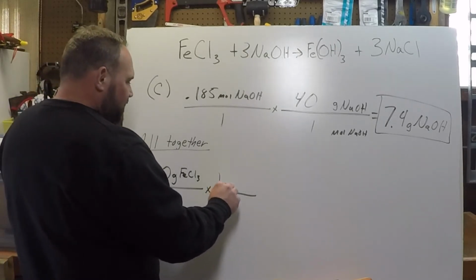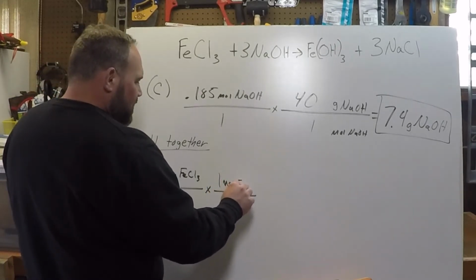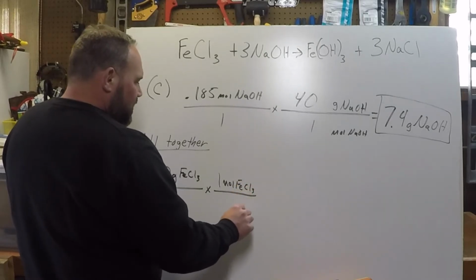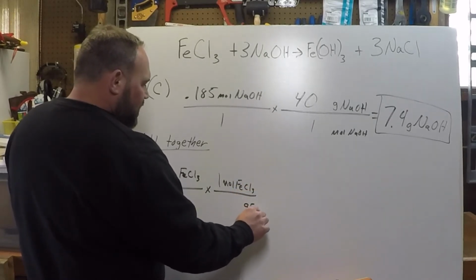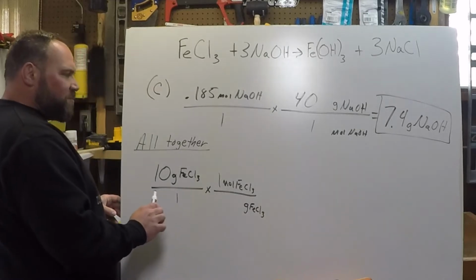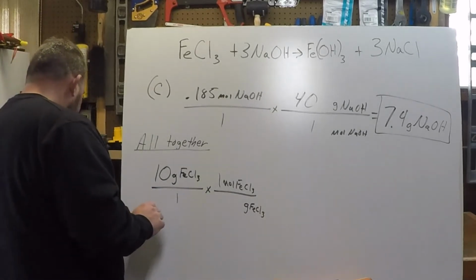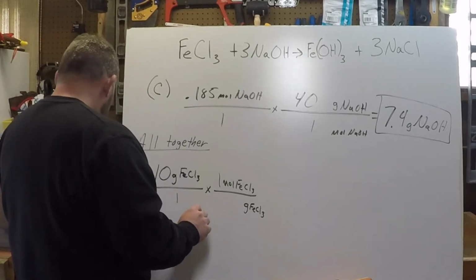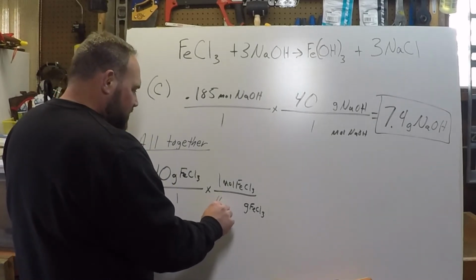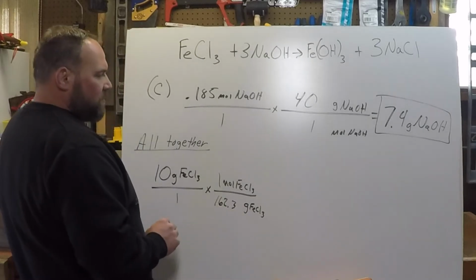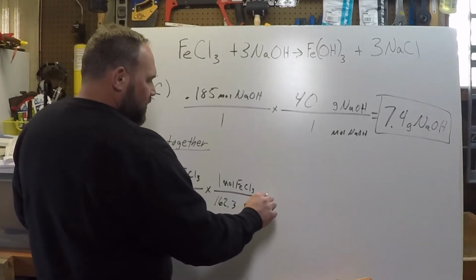Step A was that for every 1 mole of iron chloride, it was the molar mass of iron chloride. So all I'm doing here is putting A, B, and C together. So that was 162.3 for the mass of iron chloride.